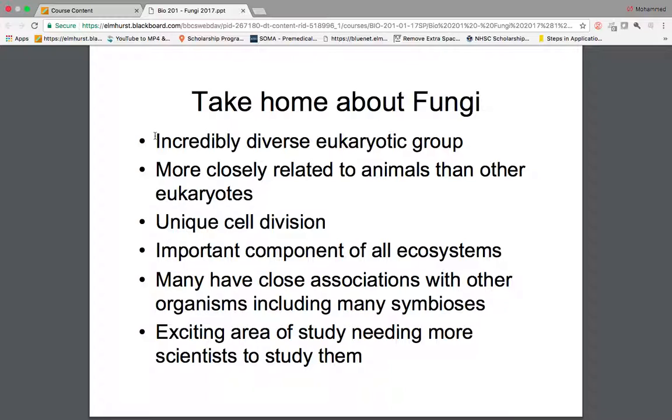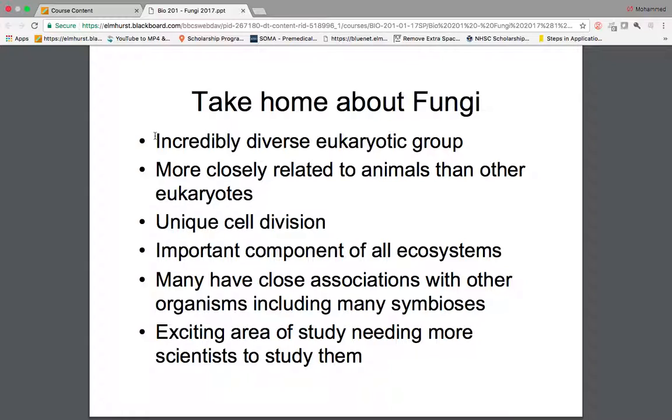A couple of years ago, we were needing to hire a second geneticist for our bio department, and we put out a call for a fungal geneticist. We had 180 applications. Do you know how many of them were actually fungal geneticists? Zero.